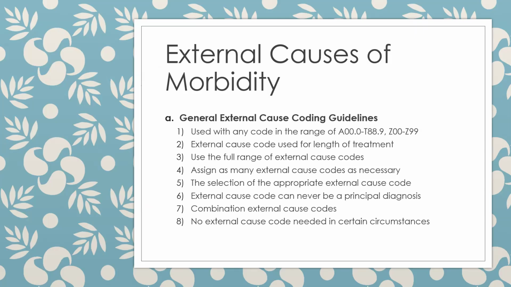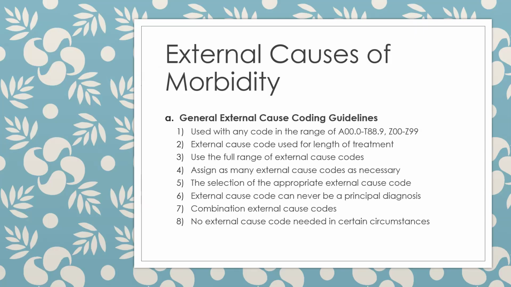Most categories in this chapter have 3 7th character values: A for the initial encounter, D for a subsequent encounter, and S for sequela. While the patient may be seen by a new or different provider over the course of treatment for an injury or condition, assignment of the 7th character for external cause should match the 7th character of the code assigned for the associated injury or condition for that encounter.